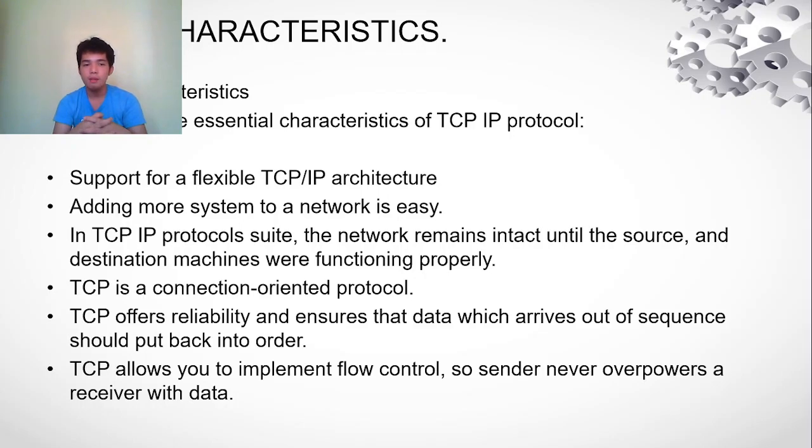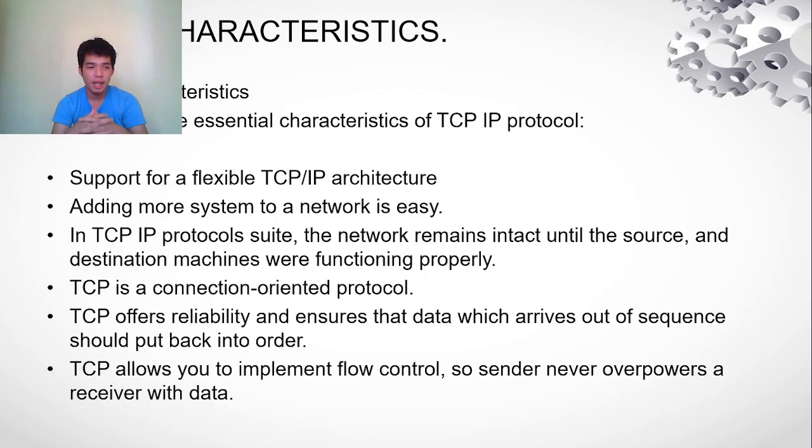Next, adding more systems to a network is easy, because the internet and data are transferred with ease. The network is easy because of the TCP/IP architecture. In the TCP/IP protocol suite, the network remains intact as long as the source and destination machines are functioning properly.